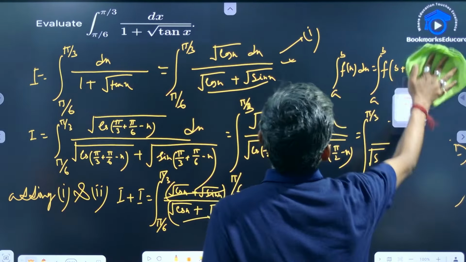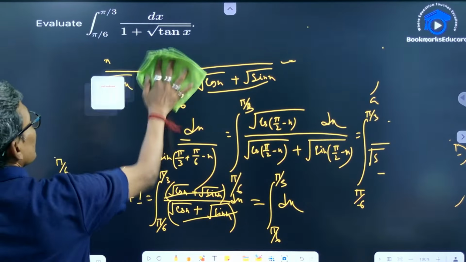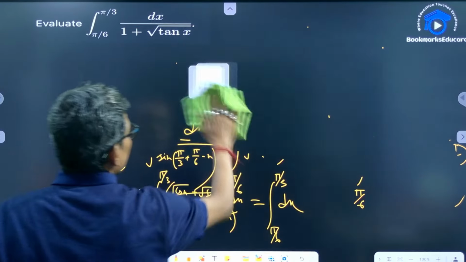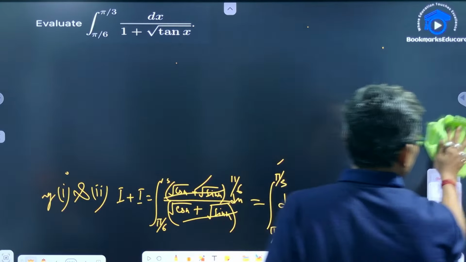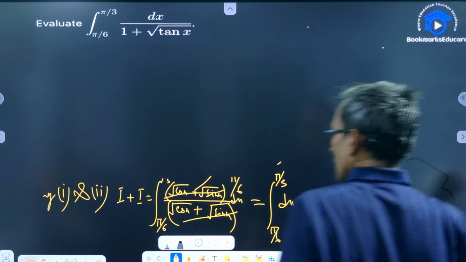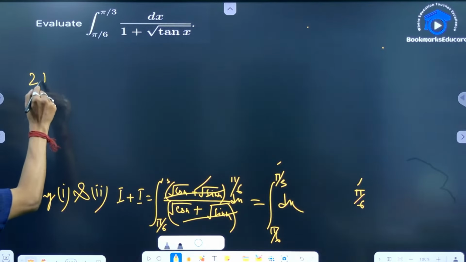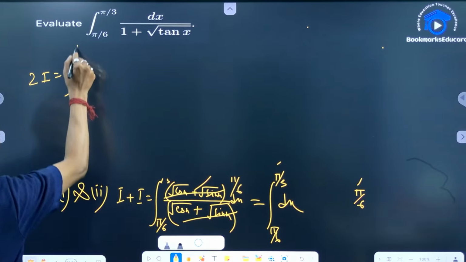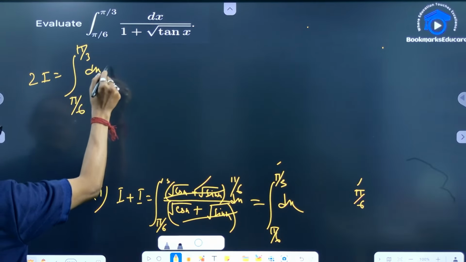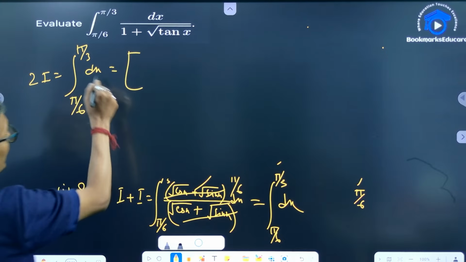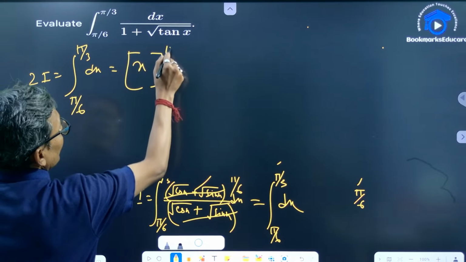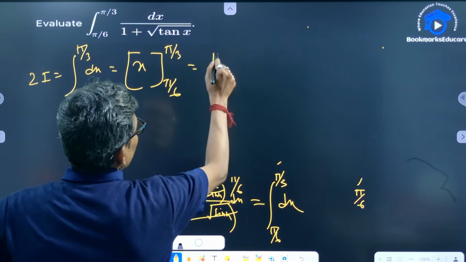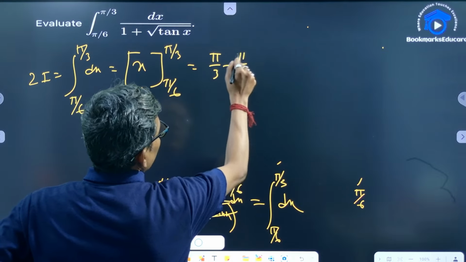Now 2I is equal to integral pi by 6 to pi by 3 of dx, which is x from pi by 6 to pi by 3, upper limit pi by 3 minus lower limit pi by 6.